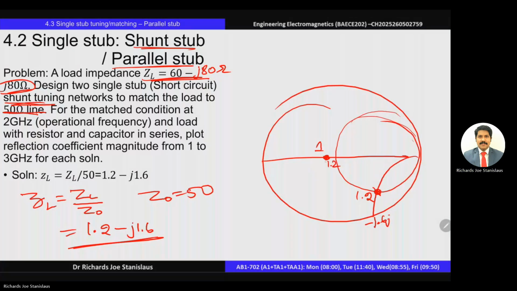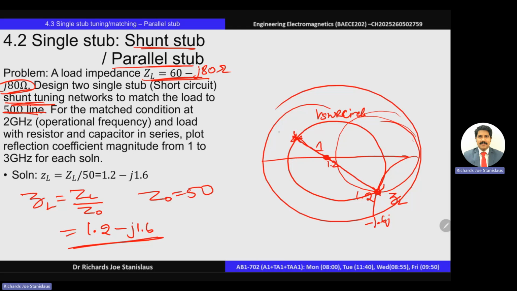With the center of the Smith chart as 1, and the impedance point as radius, draw a VSWR circle. Connect the center and this point and extend it to the opposite side where it intersects the VSWR circle.